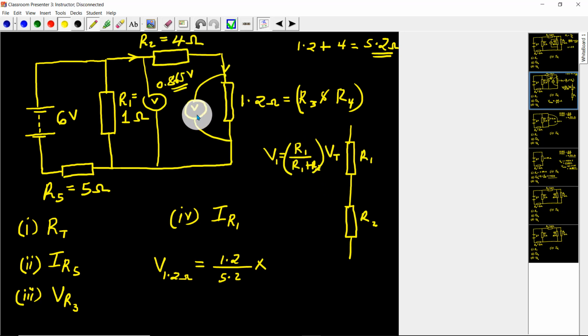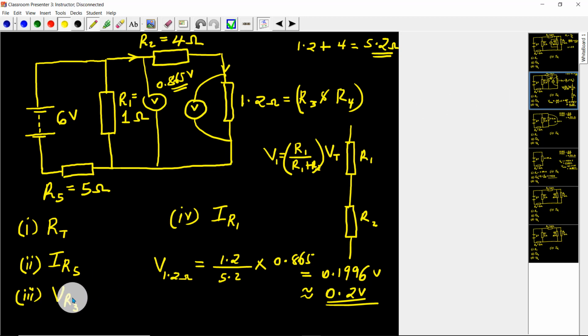The whole of this, 0.865. So 0.865 times 1.2 divided by 5.2, and I get 0.1996 volts, which is approximately equal to 0.2 volts. Have I answered the question?